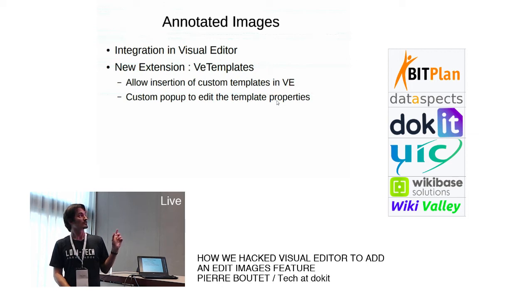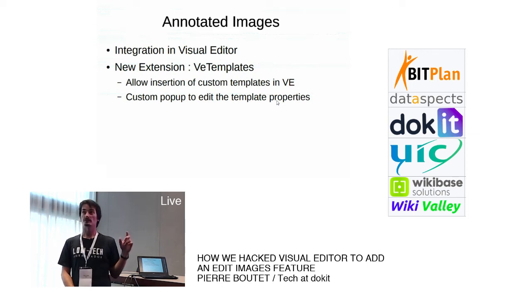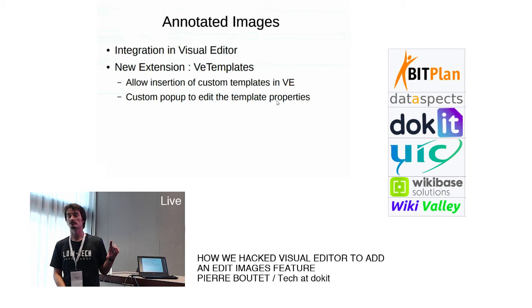So I looked at the documentation in VisualEditor. I found just a piece of JavaScript to register a new template. It defines the template and the fields in the template, and I found a piece of JavaScript to insert it in the toolbar of VisualEditor.